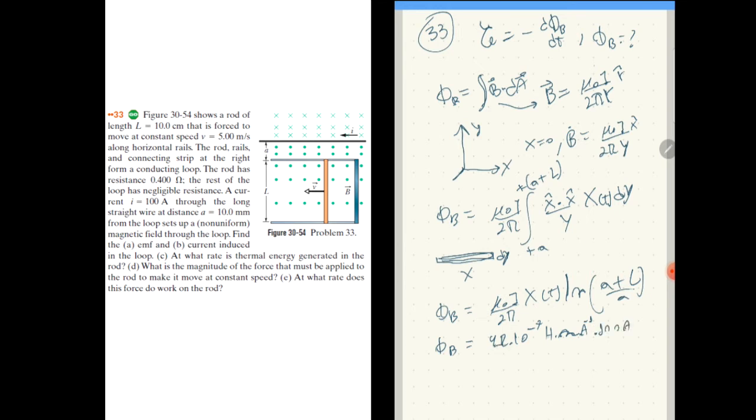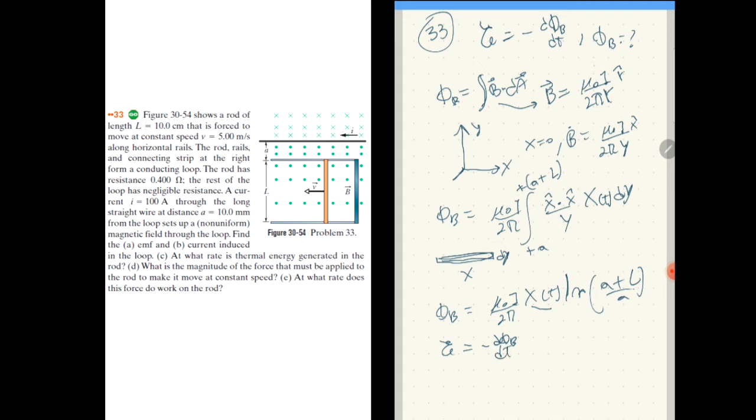It's 100 ampere, but I'll not risk myself to write the units because I can make a mistake right now. So I'll multiply by 100, and actually we don't have the position of the bar, because the only thing we have is the velocity with which the bar is moving. So I think it's time to get the electromotive force by differentiating this thing with respect to the time.